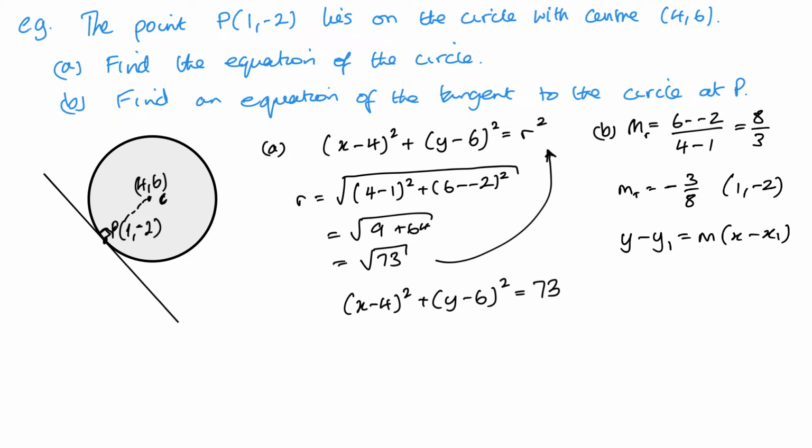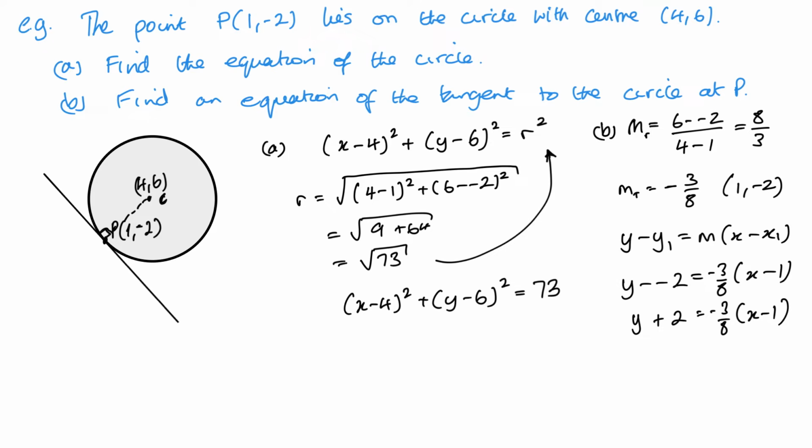Obviously you can use y equals mx plus c if you want to. So y minus minus 2 is minus 3 over 8 times x minus 1. So we've got y plus 2 equals minus 3 over 8 times x minus 1. I'm taking extra steps here that I would sometimes skip.